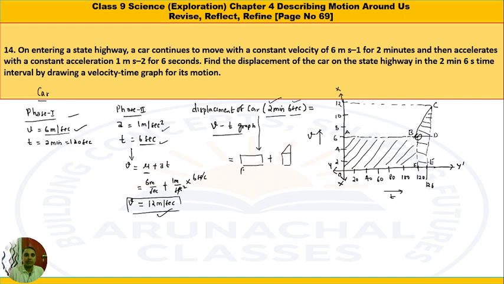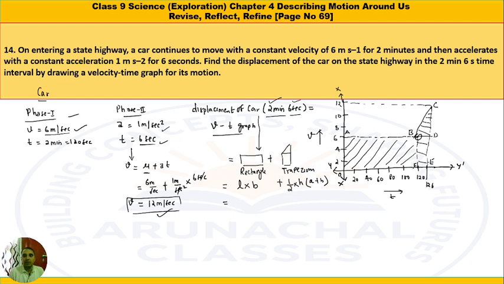This is the rectangle and this represents the trapezium. Area of rectangle is length multiplied with breadth. Area of trapezium is half multiplied with height, that is the distance between two parallel lines, in multiplication with the sum of lengths of two parallel lines, one is A and one is B. What is the length of the rectangle?